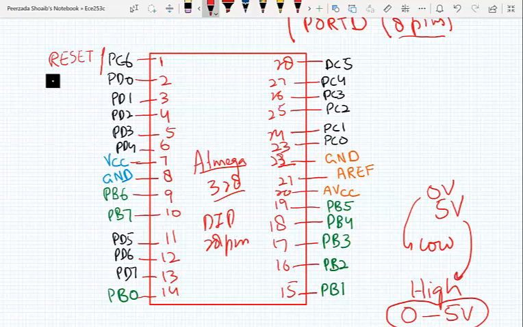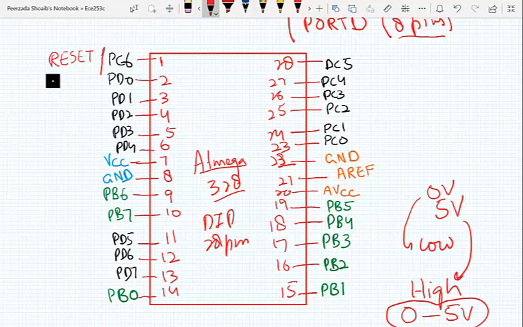That means we can reset our microcontroller while it's working, to start executing from the first instruction. We can reset it by giving a high voltage here at PC6. So PC6 is used for input or output, or it can also be used for resetting the microcontroller.